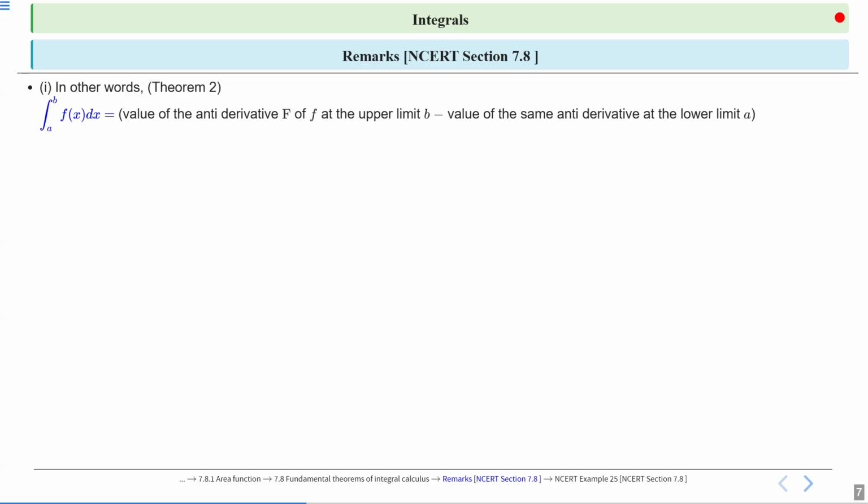So the second fundamental theorem gives a way to find the value of a definite integral.